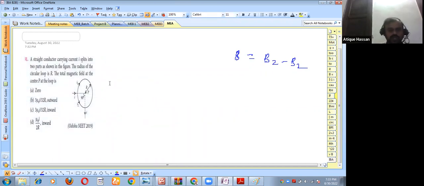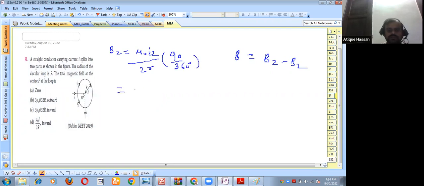So now what we can do, we will write the formula. What is the B2? B2 will be mu naught I2 by 2R into theta upon 2 pi, 90 degree upon 360 degree, right?